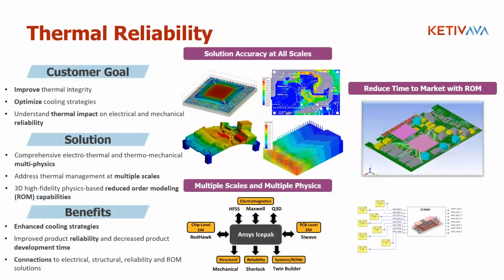And then on the thermal reliability side, Ansys has a number of packages that look at thermal reliability of the board or of a particular component, and can go at multiple scales. It can look at the actual chip and its reliability, the solder balls, and how it's connected to the package.